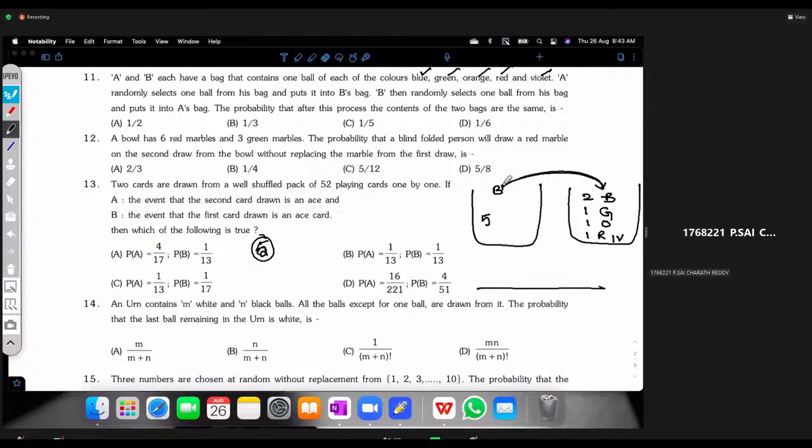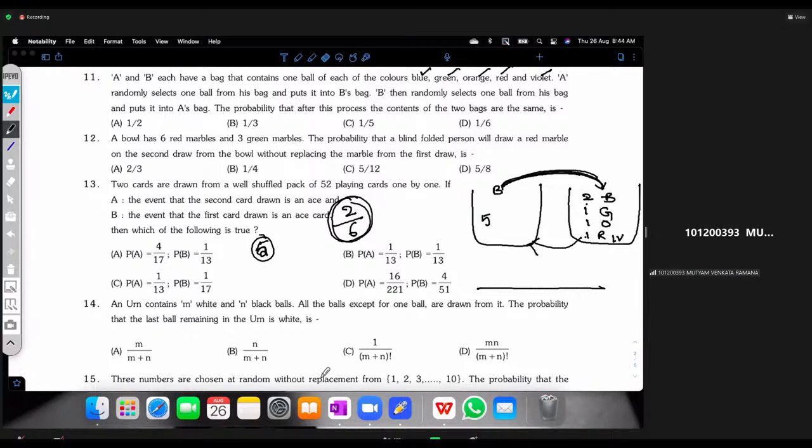Yes, sir. So first we are transferring 1. Now here I have 6. Out of that, to maintain the same thing, whichever ball comes, I need to transfer the same ball. So 2 out of 6 ways, because 2 balls are the same and 4 are different. If I transfer the same ball, it remains the same.